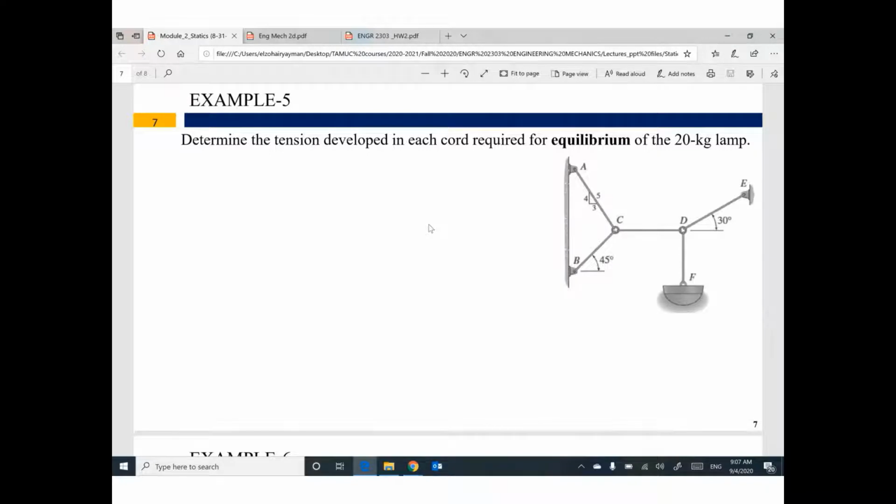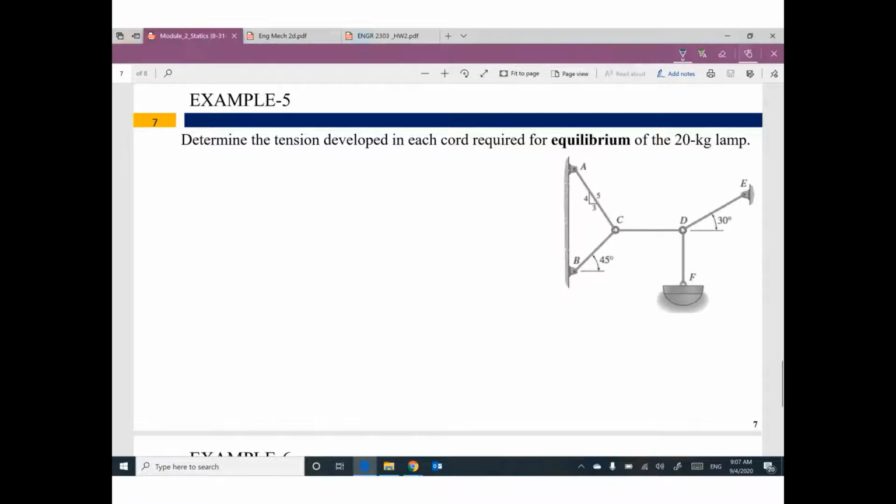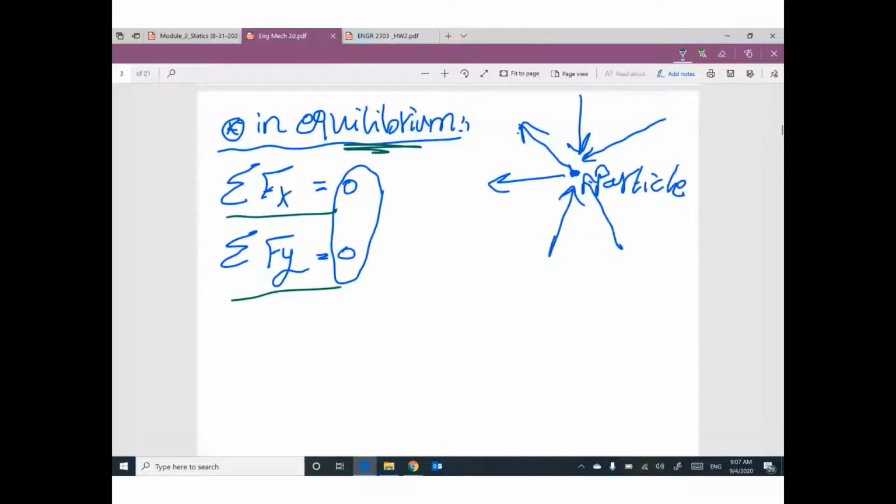We have a lamp with weight 20 kilogram. Also, I told you last time, I believe, weight for anybody will be vertically down. Any weight for anything. This weight probably in pound or Newton.